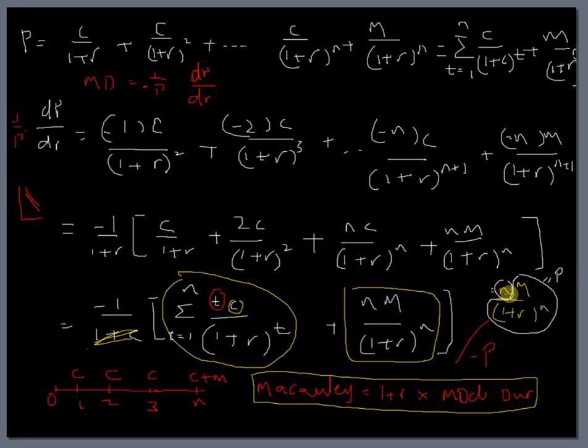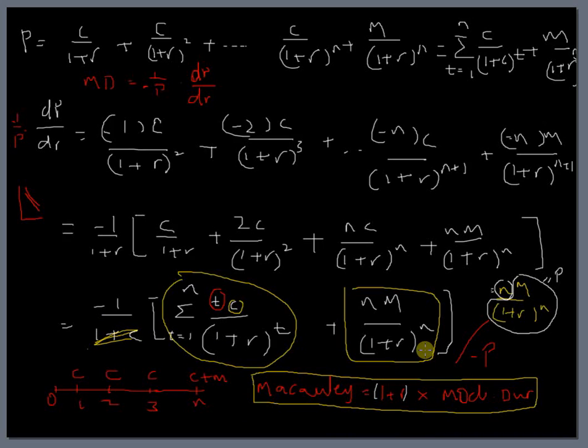So for a zero coupon bond, the Macaulay duration is basically the number of years before it matures, and that's why the Macaulay duration is very useful. It's simply removing the denominator 1 plus r from the modified duration.